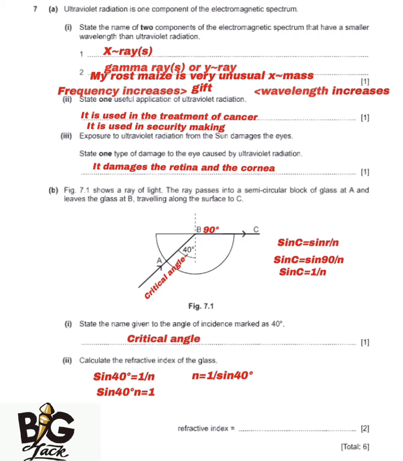Of course, we punch it on the calculator. If I divide 1 over sine 40, the answer is 1.6. I've just rounded this off, so you can also do the same.